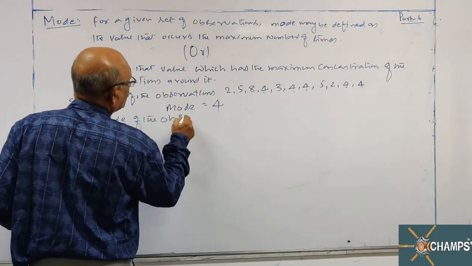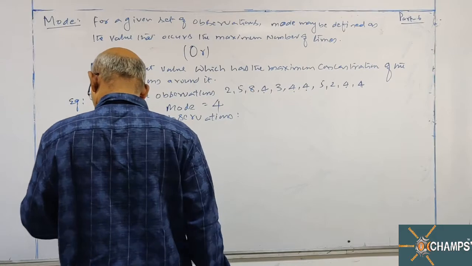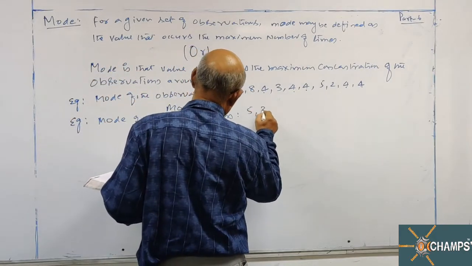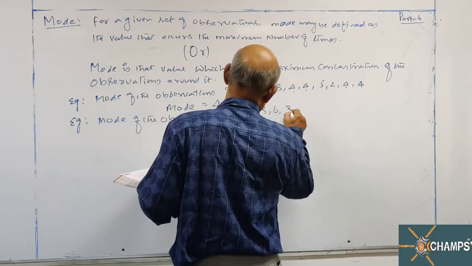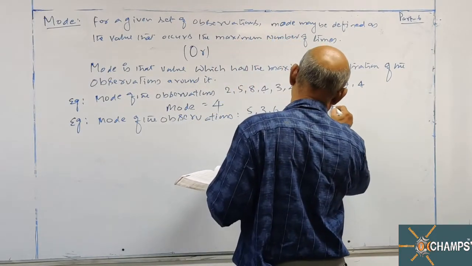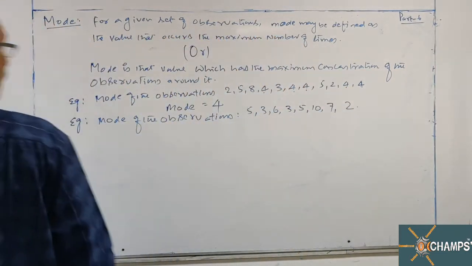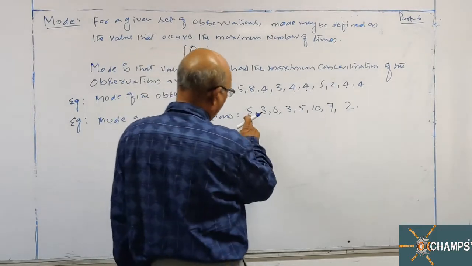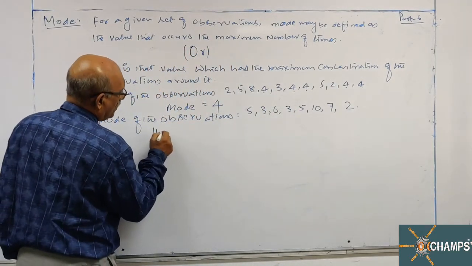Mode of the observations 5, 3, 6, 3, 5, 10, 7, 2. Look at this here. 5 appeared 2 times, 3 appeared 2 times.